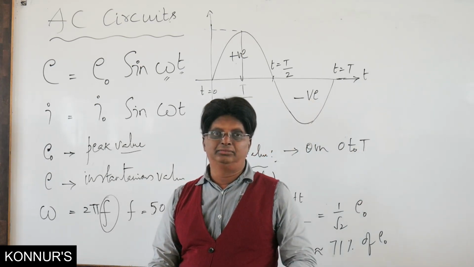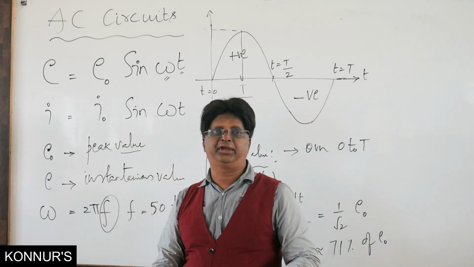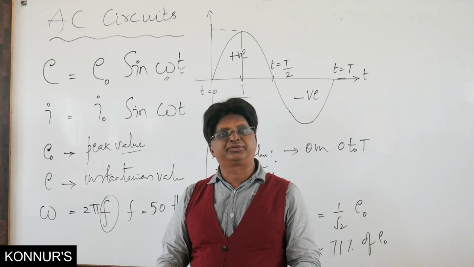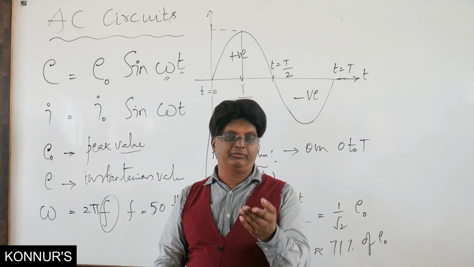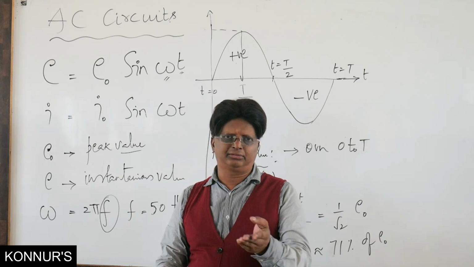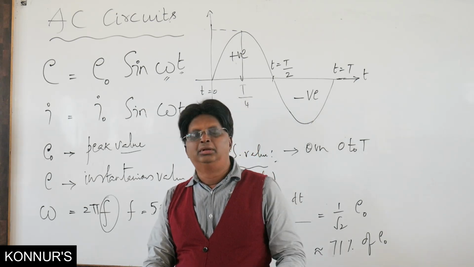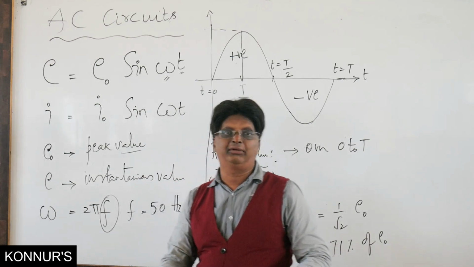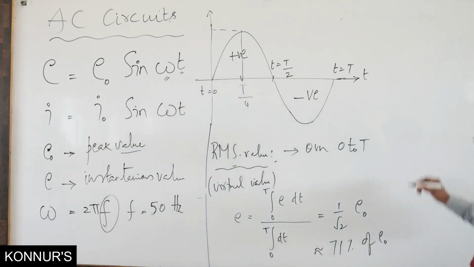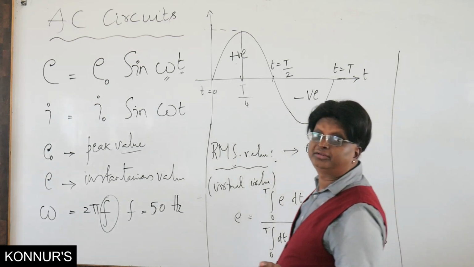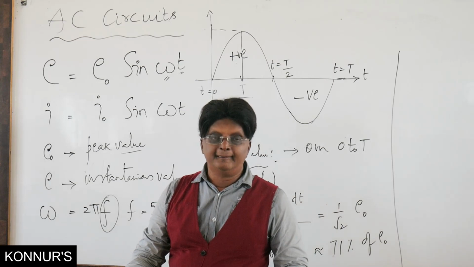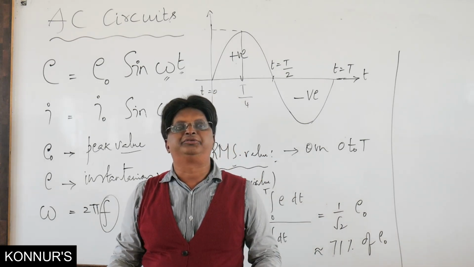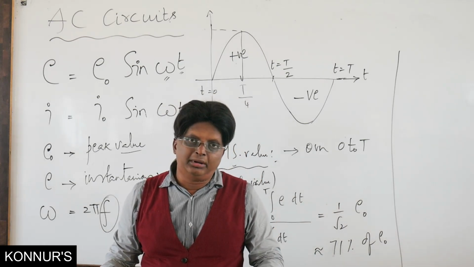In general, unless otherwise stated in the example, we always consider peak values and RMS values in our examples. Average values are very rarely used in the examples, but do remember that definition and the value as well. Now, when we use meters like ammeters and voltmeters to measure AC, meters always measure RMS values, you should remember.